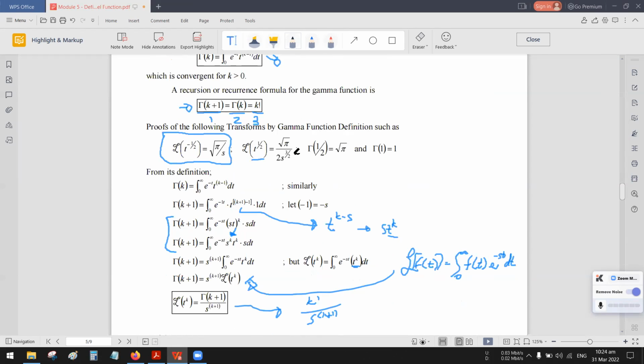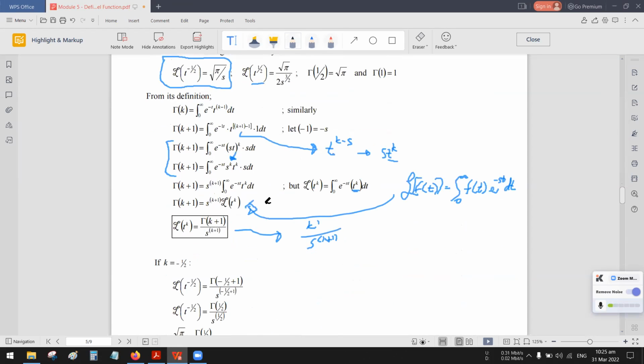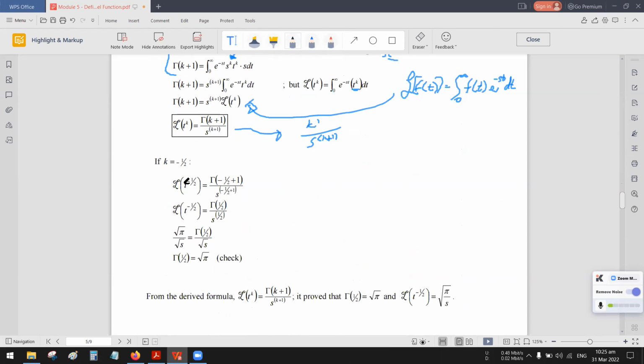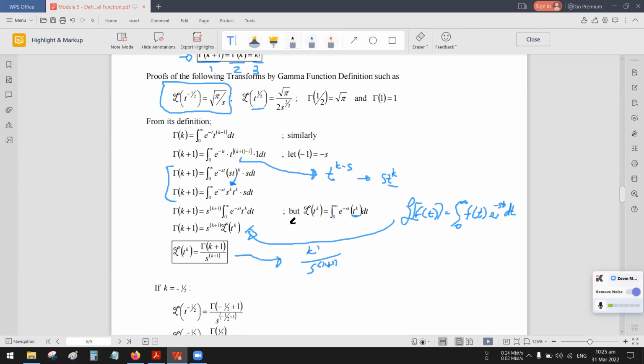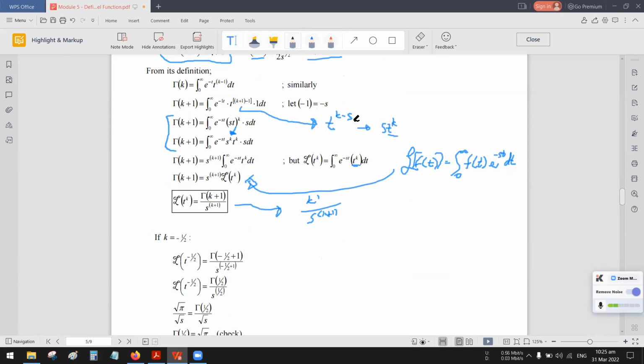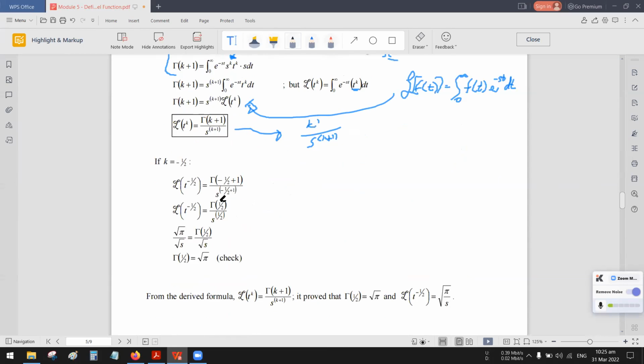So tama ba na, okay, tama ba? Okay, so titingnan natin. So for k is equal to -1/2, isa-substitute lang natin. So you'll just substitute it. Pi, tama. Yung answer niya. So correct. Then ito.